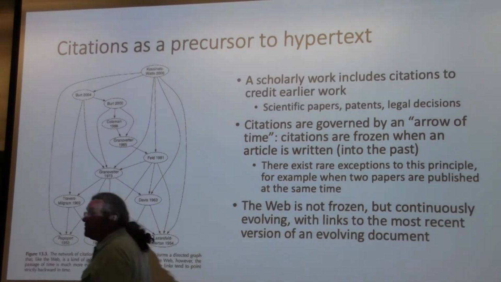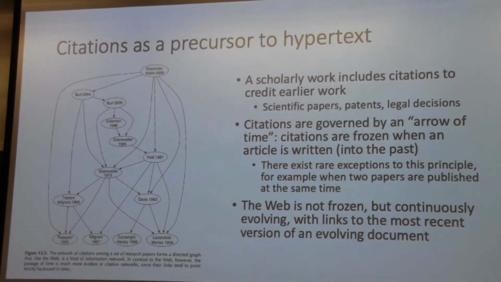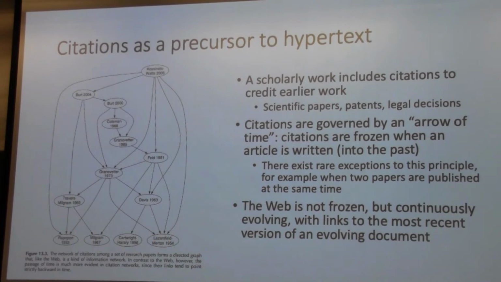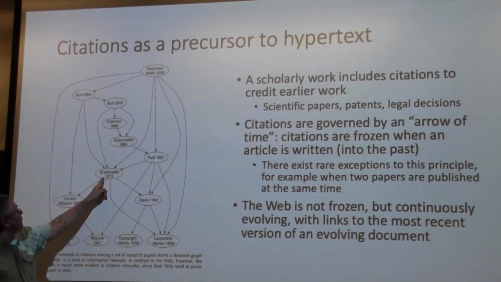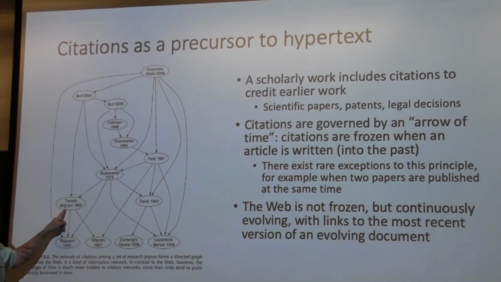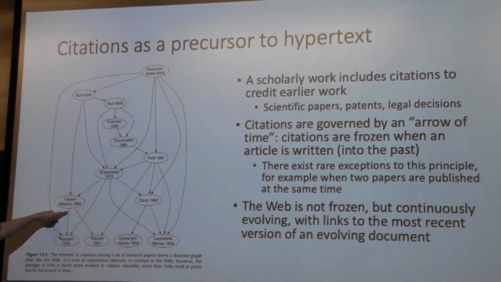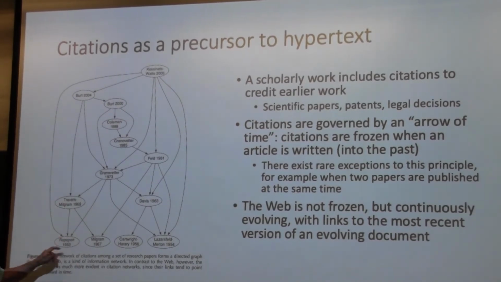This is citations of scientific publications. Each scientific work has a bibliography citing other works. So you can consider it as a hypergraph of papers. For example, the Granovetter paper references the Travers-Milgram paper of '69, which references the Rappaport paper from 1953.